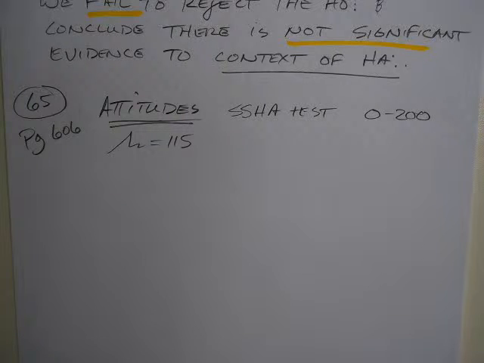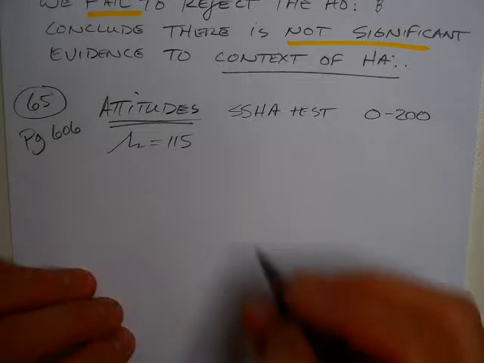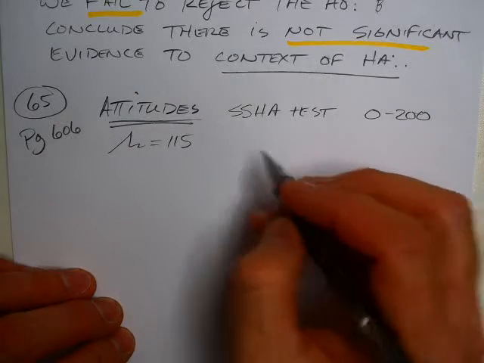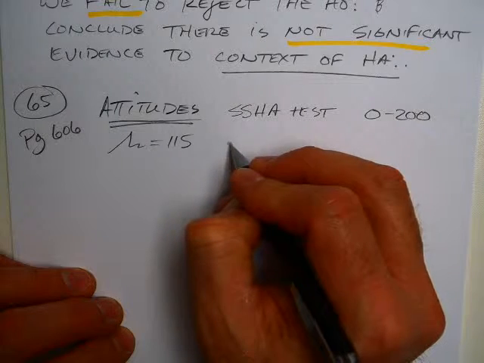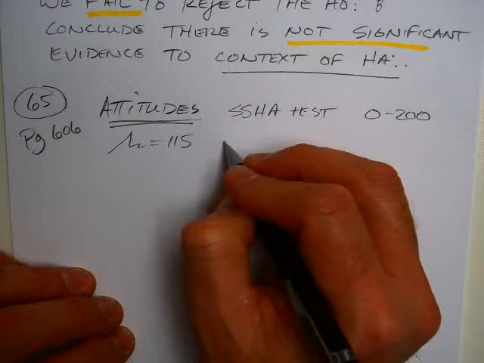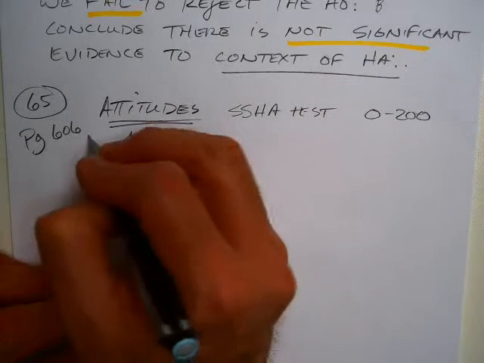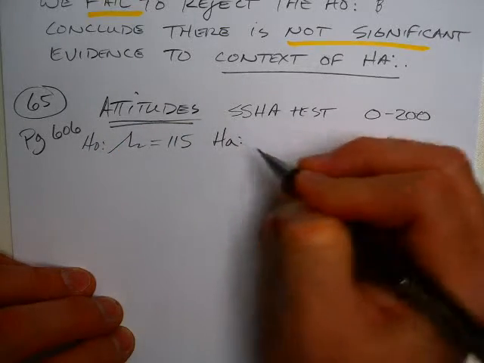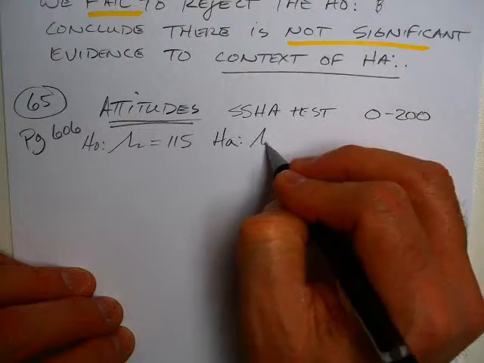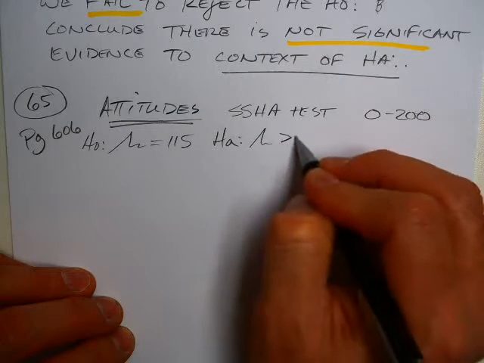The teacher suspects that older students have better attitudes towards school. She gives the SSHA to an SRS of 45 students from more than 1,000 students at her college who are at least 30 years old. So this is the null. The alternative, this teacher thinks that for older students, the mu is greater than 115.